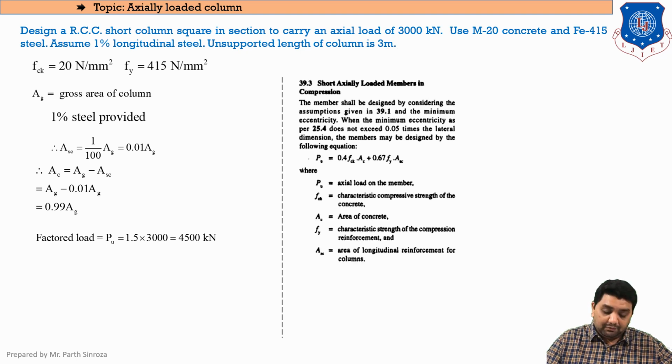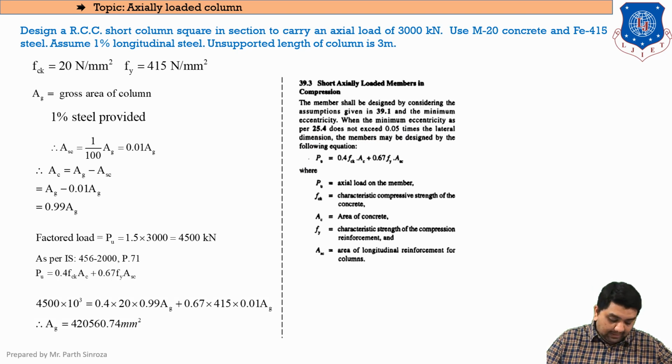Moving further, we will be using this equation from page number 71, and we will be solving for the value of AG. As per this equation, the AG value comes out to be this, and as it is mentioned in the question that we need to find the area of a square column, the area is already there. Now we will be finding the sides.